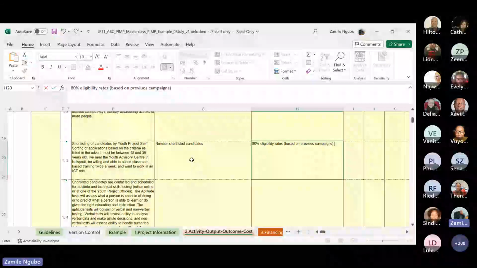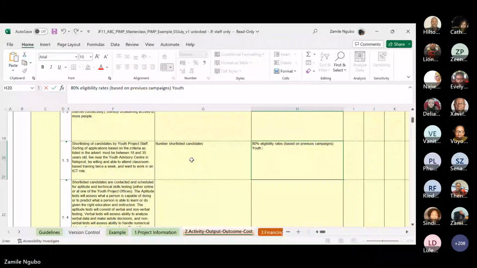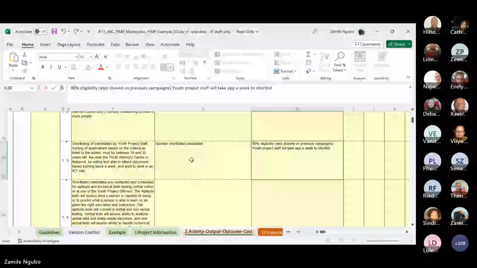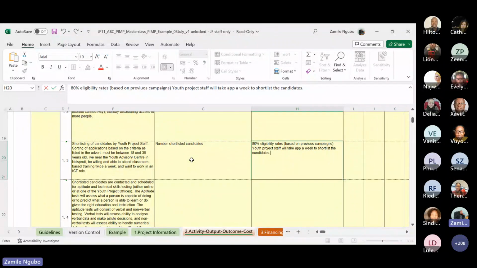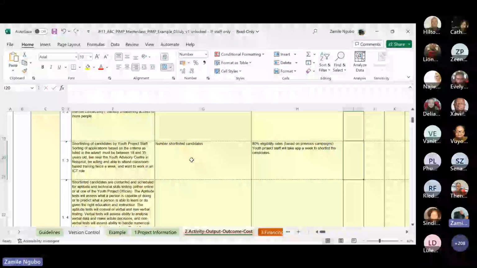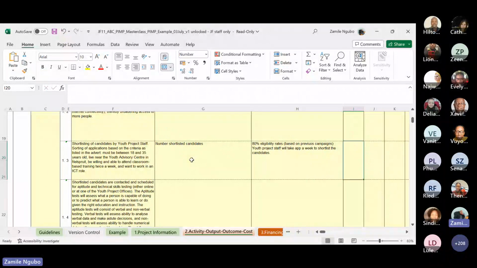And that youth project staff will take approximately a week to shortlist the candidates. So this is an assumption. Then the number of shortlisted candidates will be 600 because we are assuming the 80% eligibility rate. So we'll have 600 here as our target.